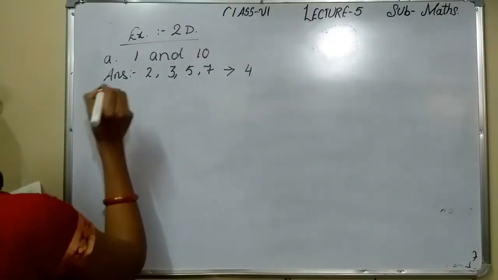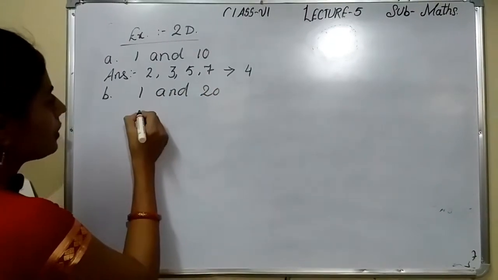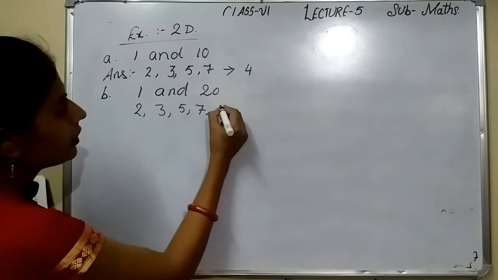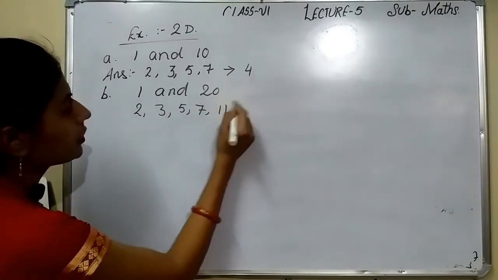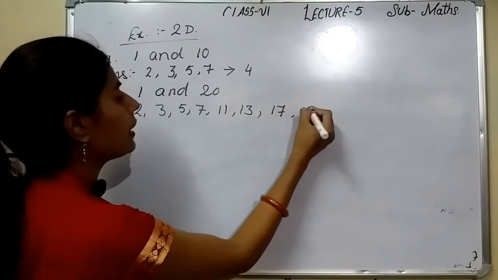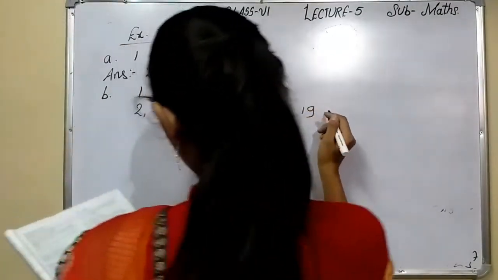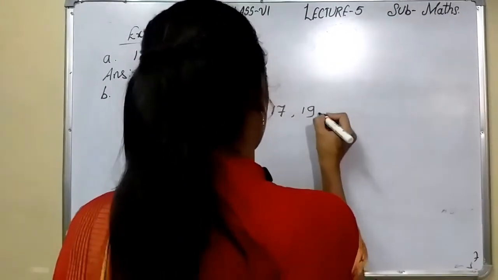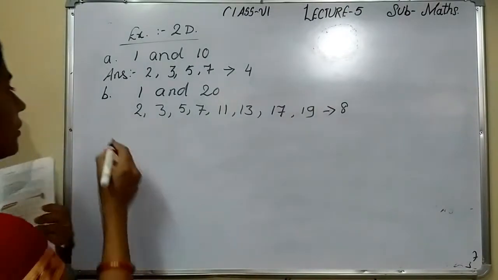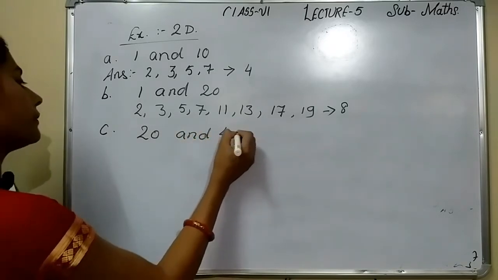See, question number B. In between 1 and 20. See now, 2, 3, 5, 7, 11, 13, 17, and 19. 8 are there. Now see, 20 and 40.